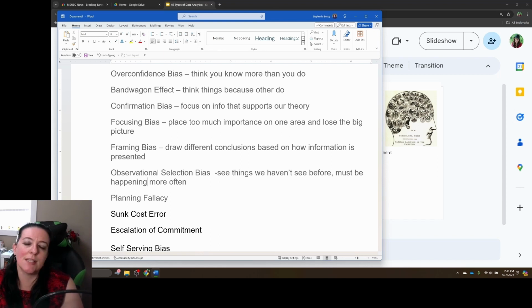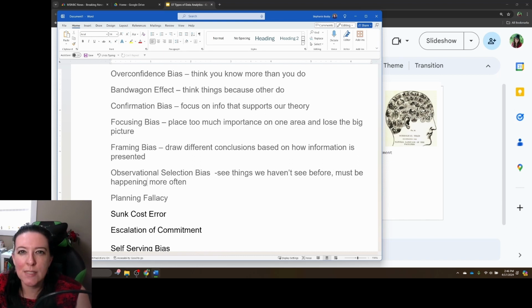So you can start to see how focusing bias, framing bias, and observational selection bias all kind of feed off of each other, and they're all influencing the decisions you make, but they're not grounded in actual facts, right?